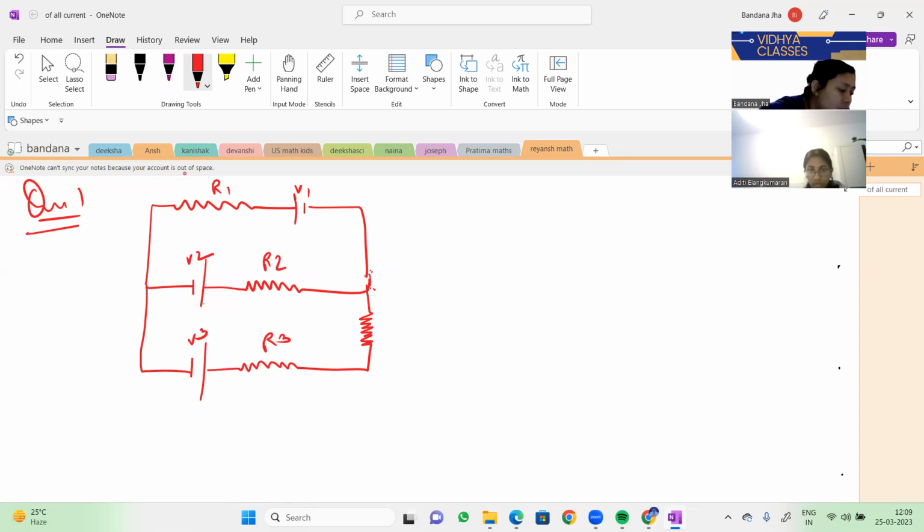You have to find out the equivalent resistance. What is the output? For that, I'm just explaining the overview of how to do it.